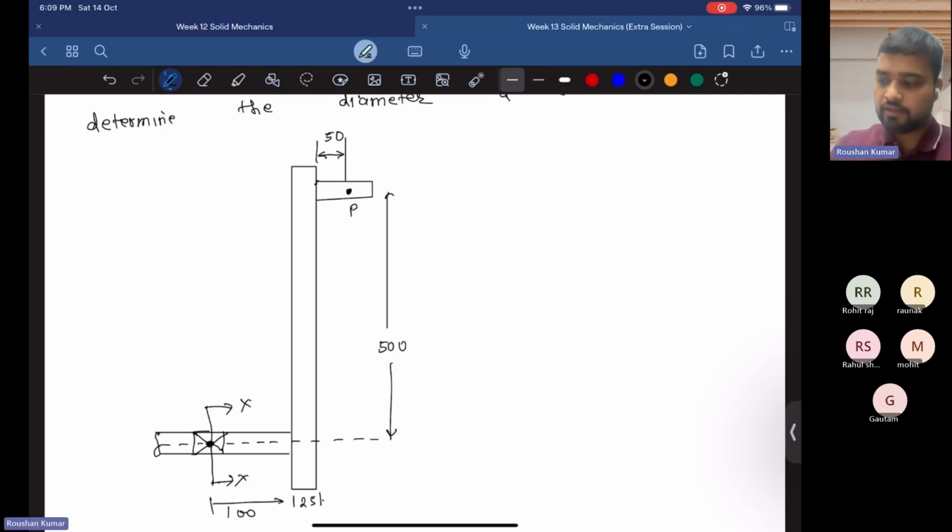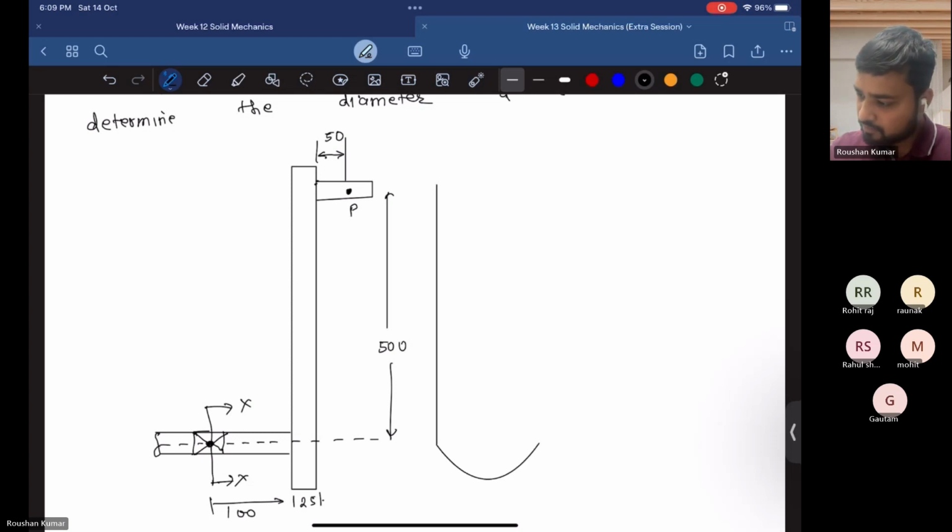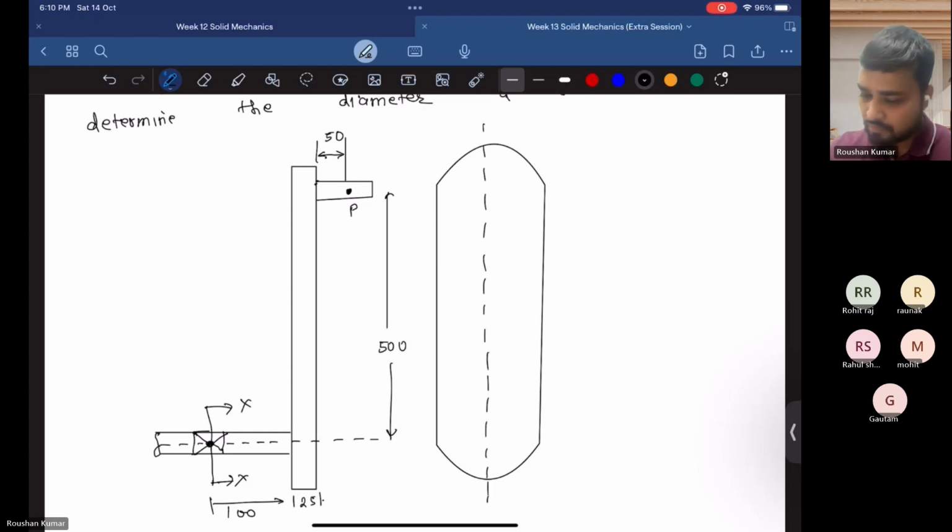The cross-sectional view of this crank is also given. From this point, load P is acting.